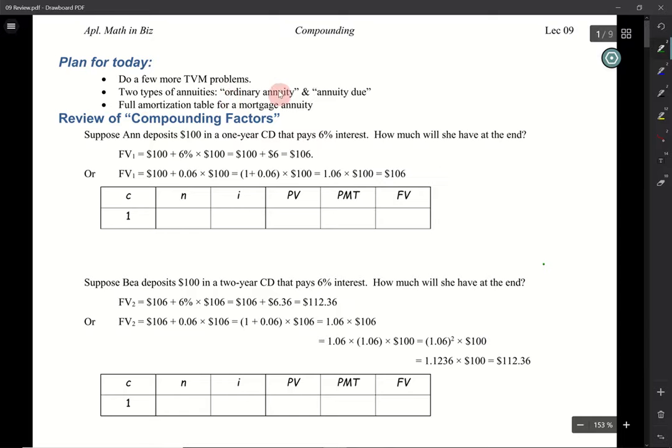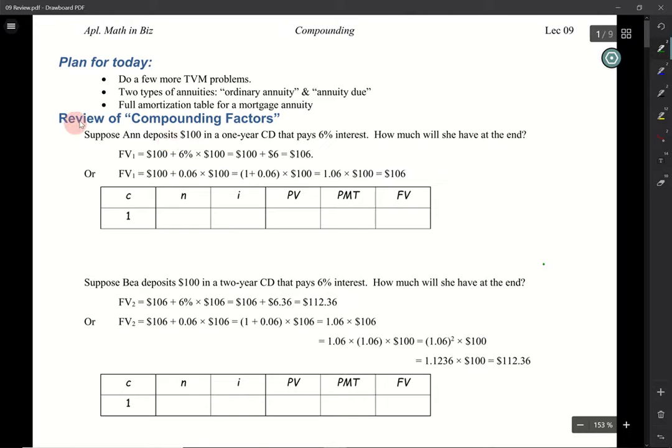We will be focusing on the ordinary annuity in this class, but you need to leave space in your mind for the annuity due. What we want to do now is a full amortization table for a mortgage annuity, and that'll be related to the Excel assignment.